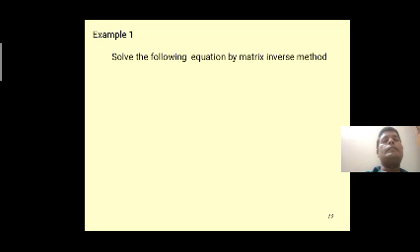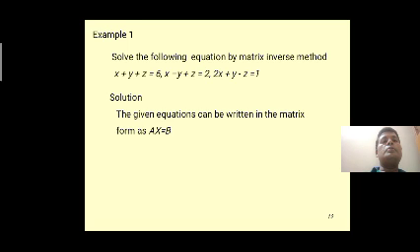Example 1. Solve the following equations by the matrix inversion method: x plus y plus z equal to 6, x minus y plus z equal to 2, x plus y minus z equal to 1. Now write the solution.